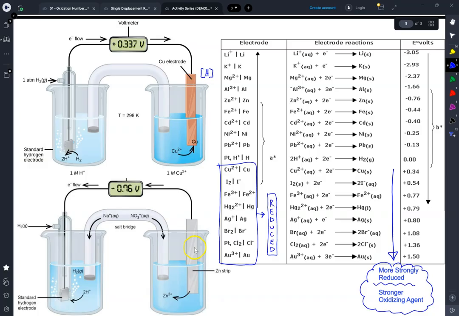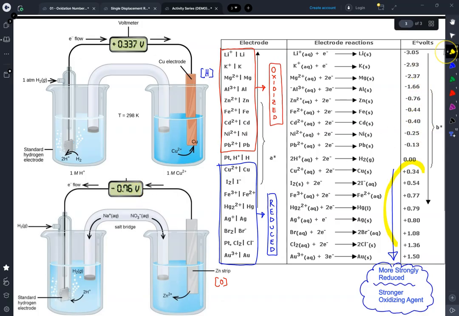Conversely, when zinc was reacted with hydrogen, the electron flow was found to move in the opposite direction, meaning zinc was being oxidized and losing electrons. So all of these elements, when reacted with hydrogen, would lose their electrons and become oxidized. Because the electron current is moving in the opposite direction, the voltage values are given a negative sign instead.